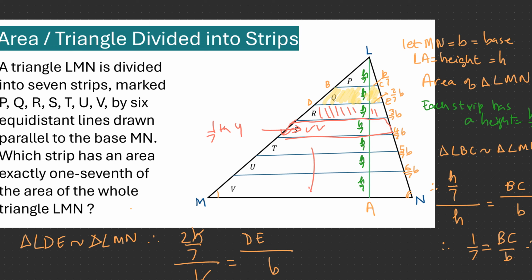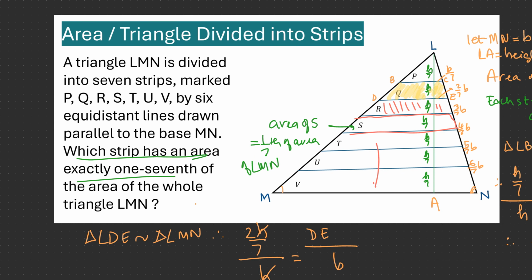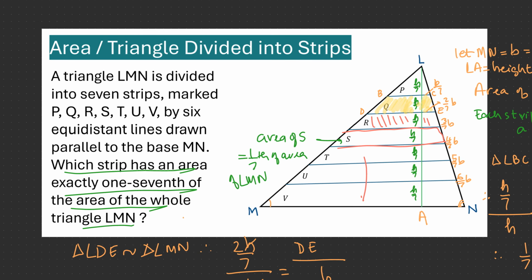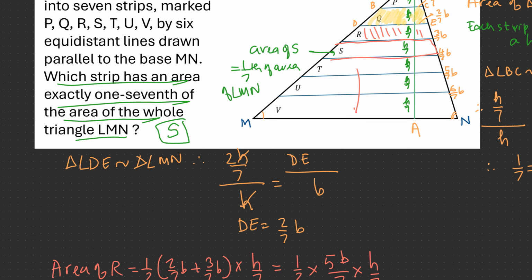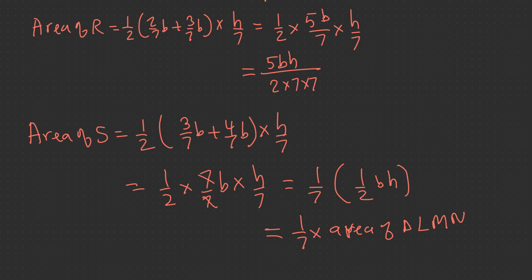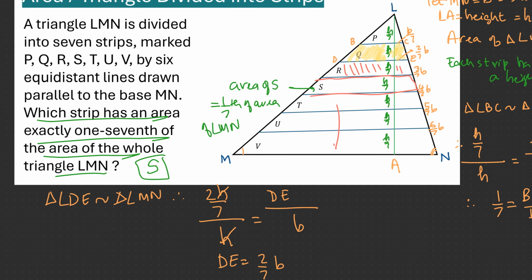So 1/7, that's area of S. So which strip has an area exactly 1/7 of the area? The answer is S. That's the reason why. That completes this question.